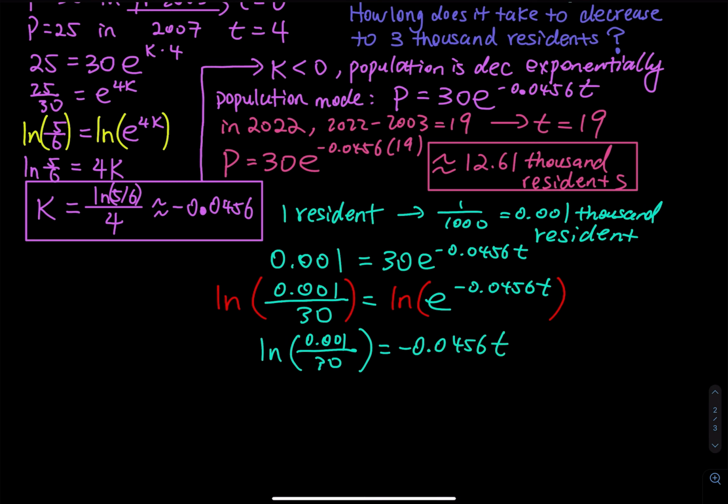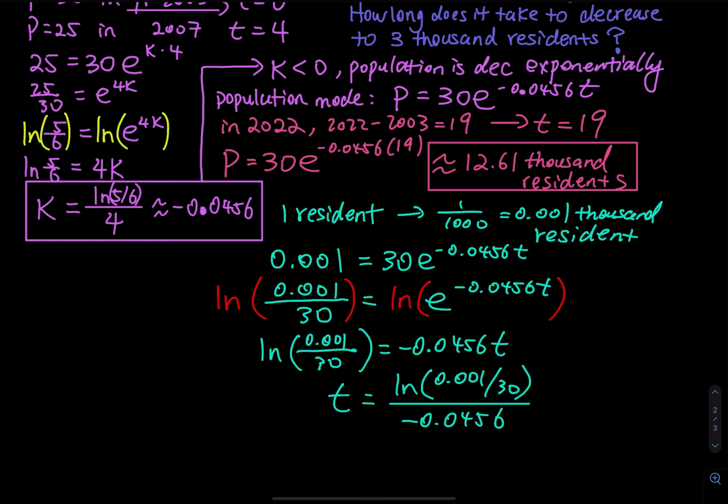And then what is t equal to? T is equal to the ln of 0.001 divided by 30, over negative 0.0456. So this is the answer in exact value.